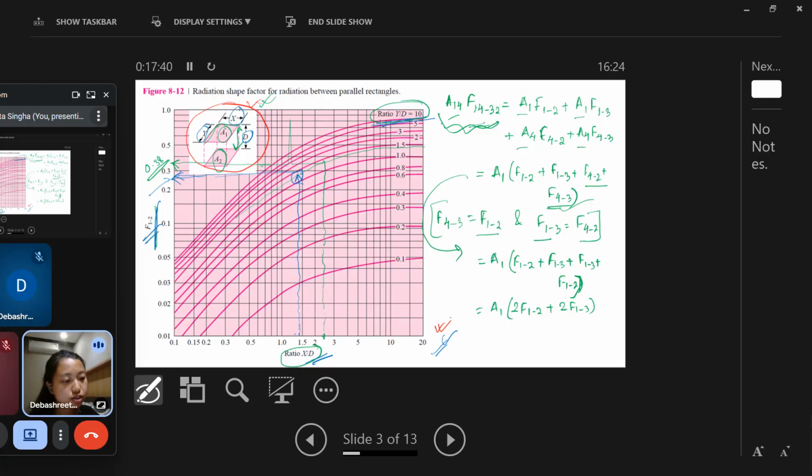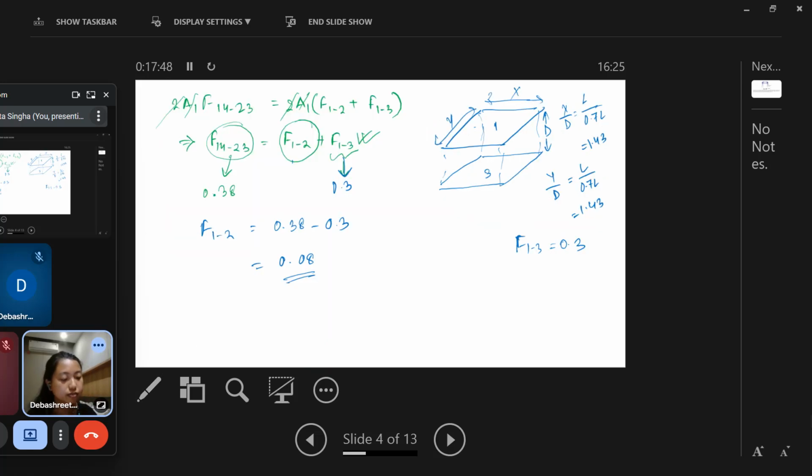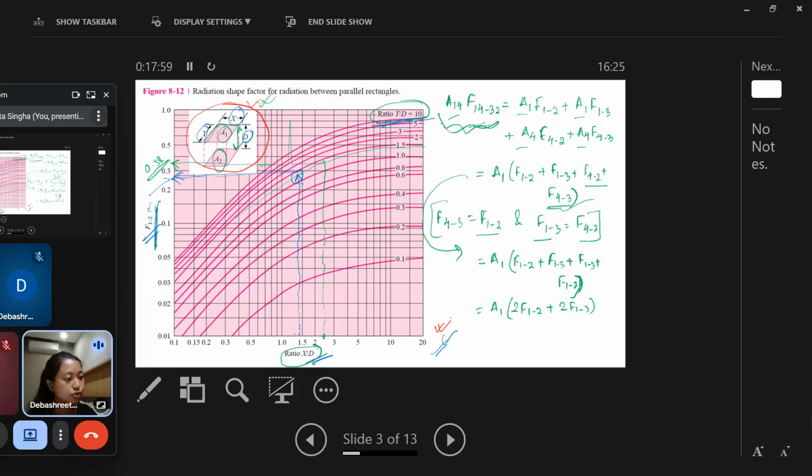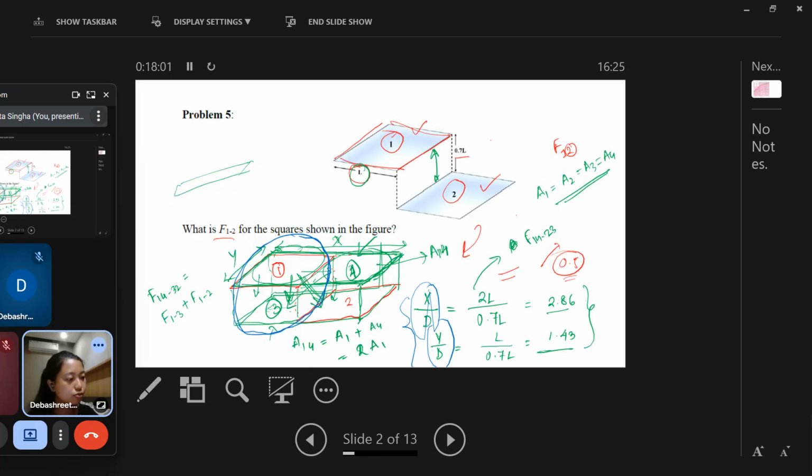Here also you have to see which surface you're considering as one and which as two. Then you can easily find the view factor. In the previous example we considered two such configurations for x by d and y by d, so that you can understand, because we extended one part here and another part here.